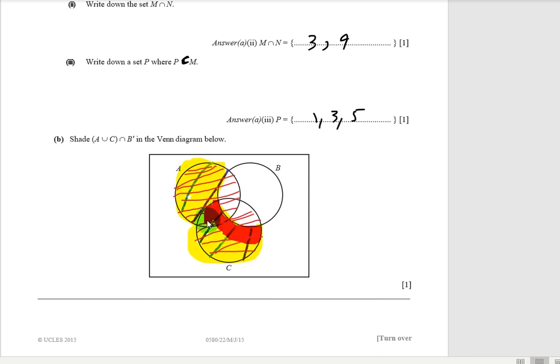So all the area with red and yellow is the area which is A union C intersected with B dash.